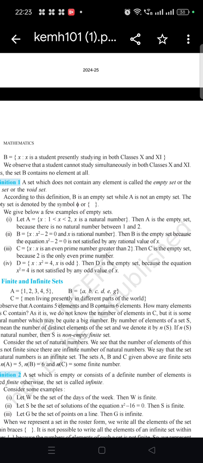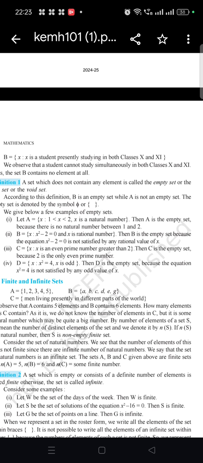Understood? Next, B is a set where x is such that x square minus 2 is equal to 0, and x is a rational number. Then B is empty.